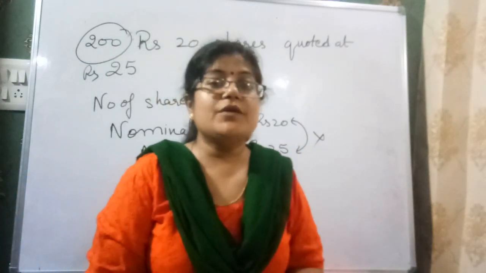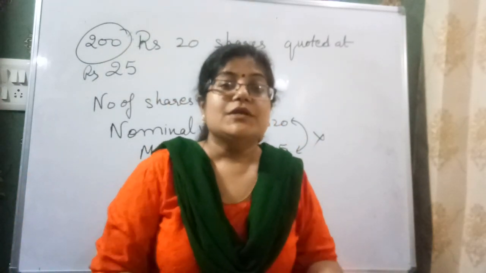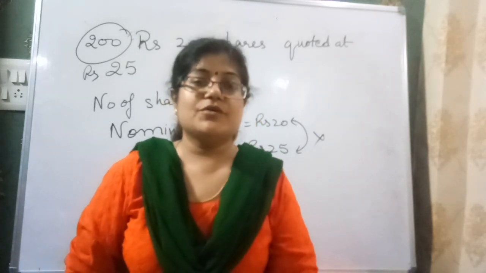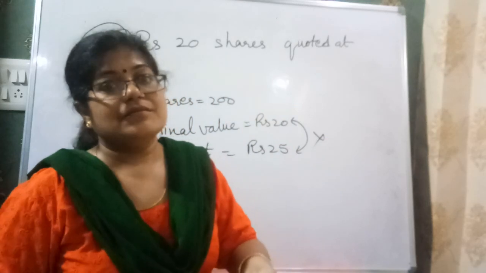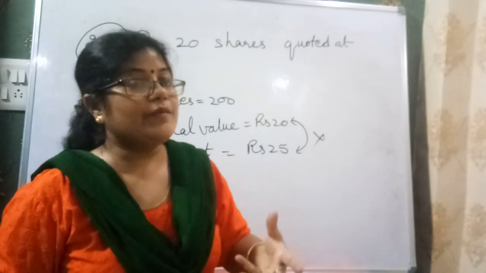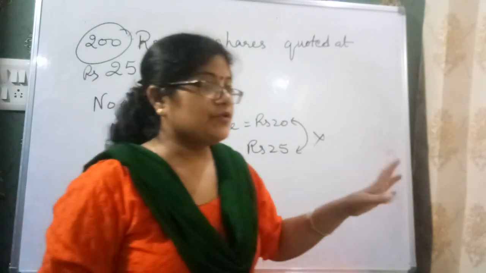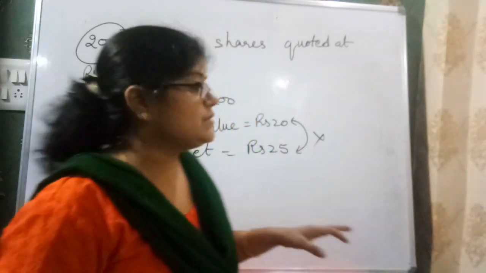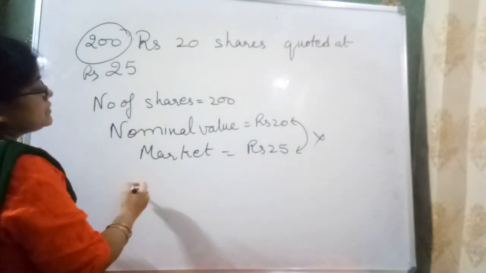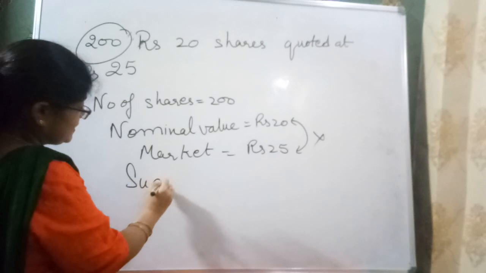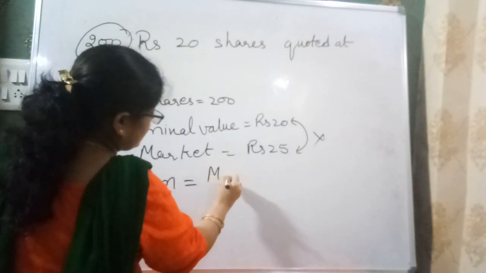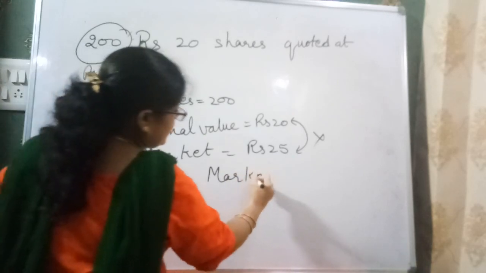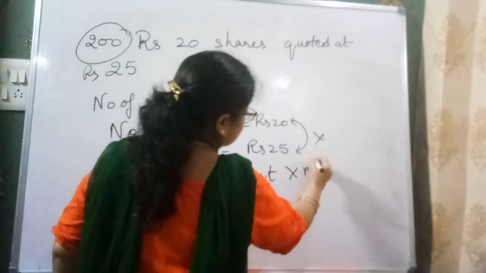Again I am emphasizing, just to understand in the question what each term means. Analysis of the question is very important, and after that the questions of shares and dividends are very easy. Now, the sum invested by the investor, I earlier told you, is market value into number of shares.